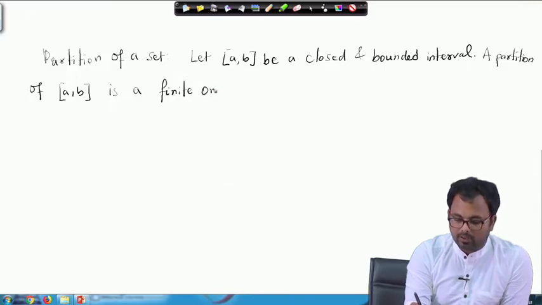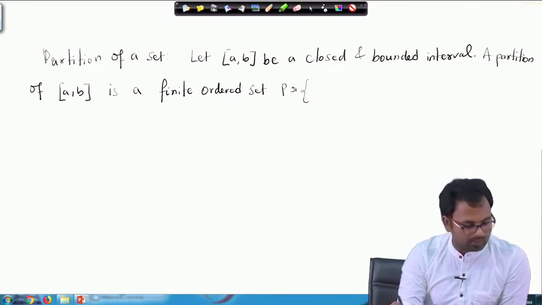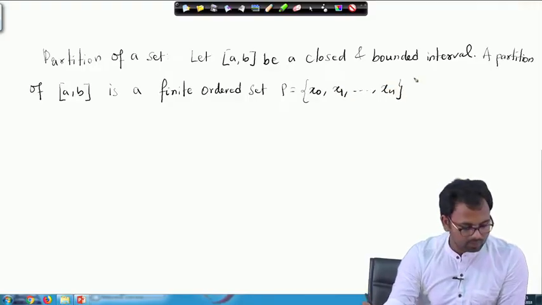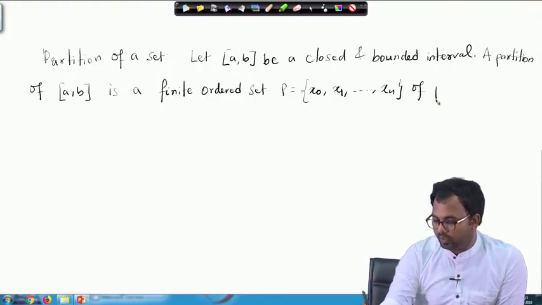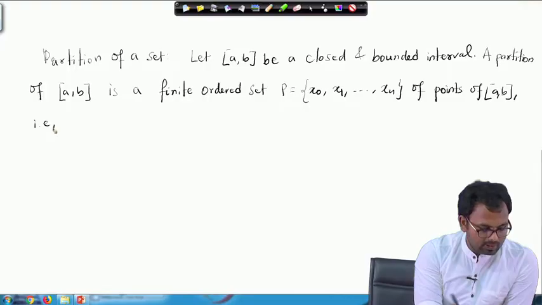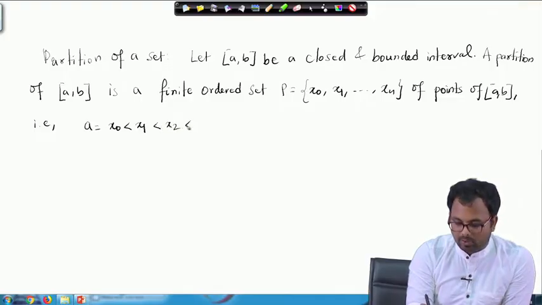P, which is defined as, let us say, x0, x1, x2 up to xn of points of [a, b], which means that a equals x0, x0 less than x1, x1 less than x2, and so on.